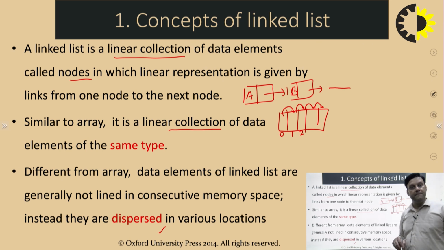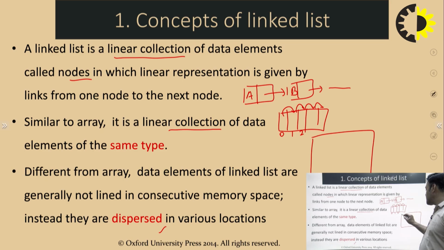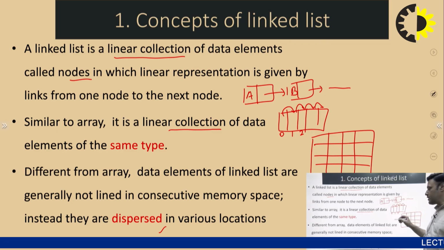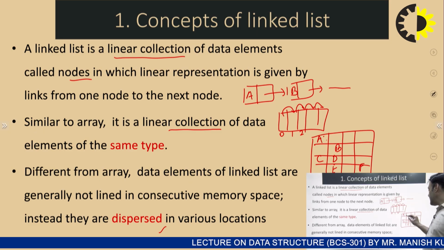But in the case of a linked list, for example, we have a large pool of memory, and the memory is divided into tracks and sectors. The information of a node can be kept anywhere: A, B, C, D, E, F, and they are linked with a link.